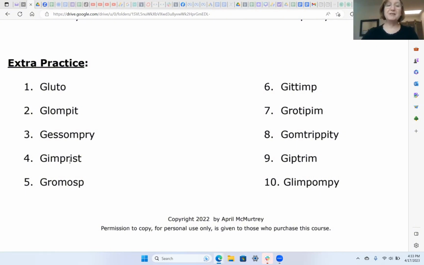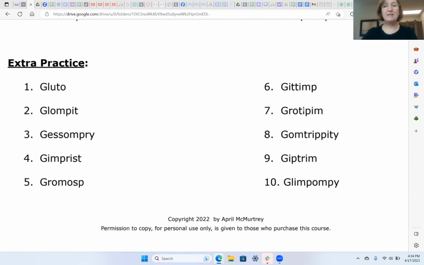Number four, gimprist. Number five, gromosp. Number six, jitimp. Number seven, grotipim.